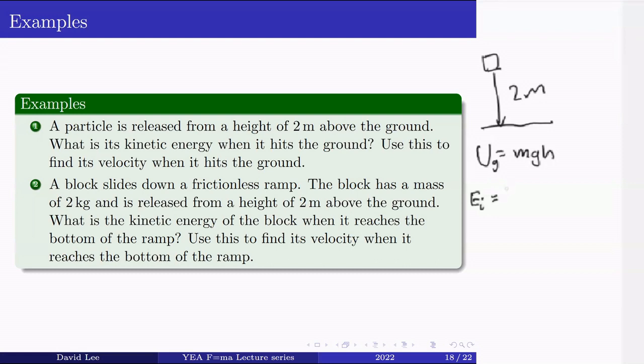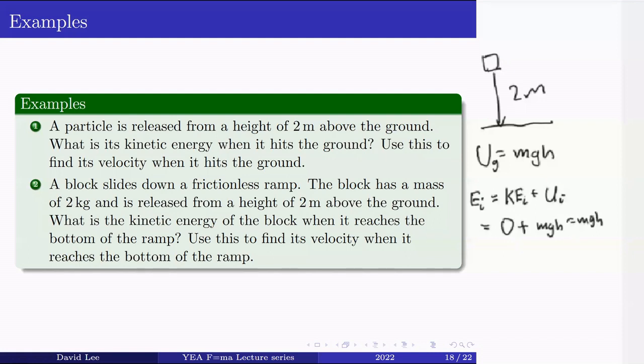Well, its initial energy is its initial kinetic energy plus its initial potential energy. Initially it's at rest, so it has zero kinetic energy, and it has mgh worth of potential energy.